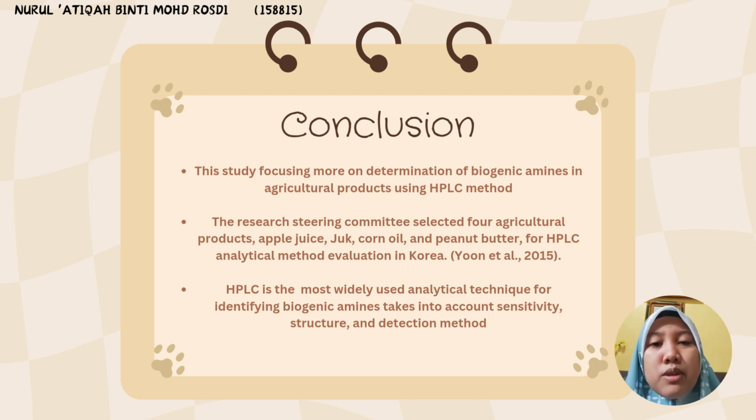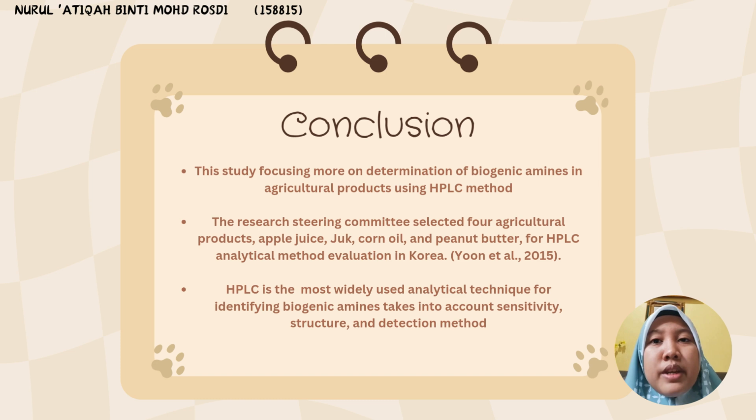It is very important for us to monitor the levels of biogenic amines in food and drinks items because of their importance for human health and food safety. In this research, they chose 4 agriculture products, which are apple juice, jute, corn oil, and peanut butter, as food matrices for HPLC method evaluation in Korea.